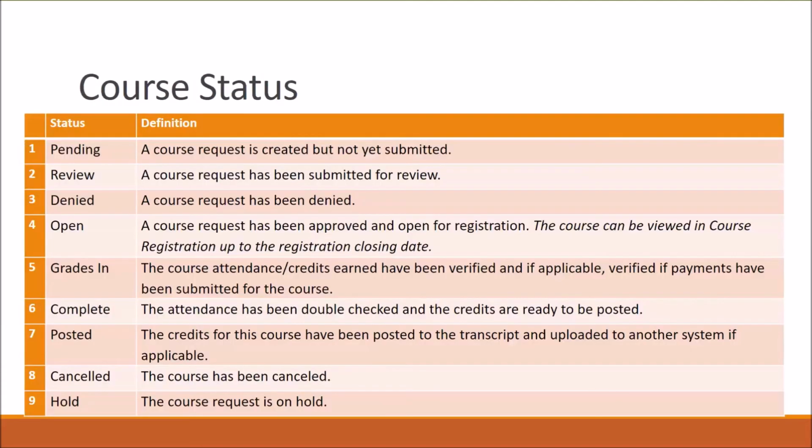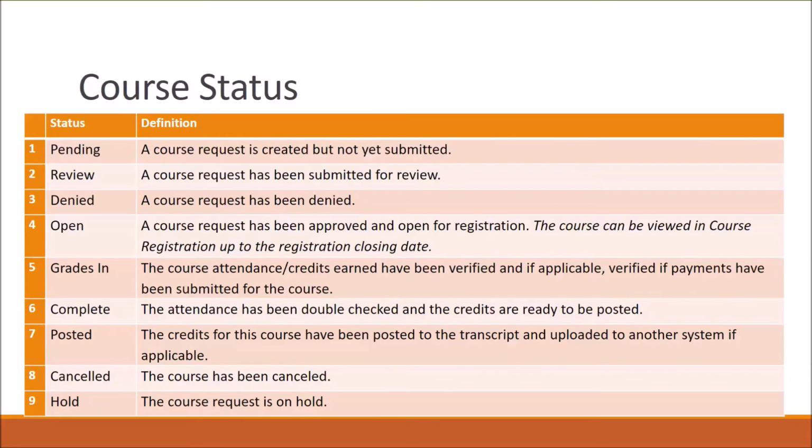So the different course statuses: course request automatically creates a pending status. Once the instructor or facilitator or whoever is creating the course submits that course, it then goes into the review status.